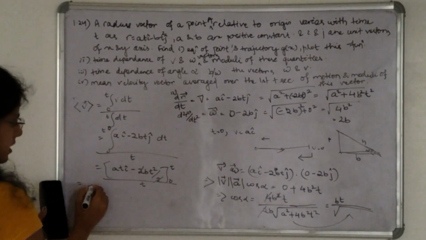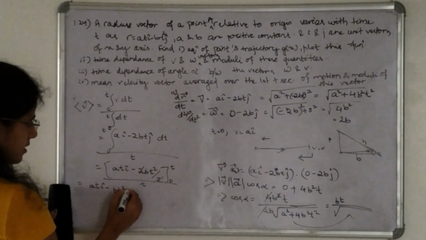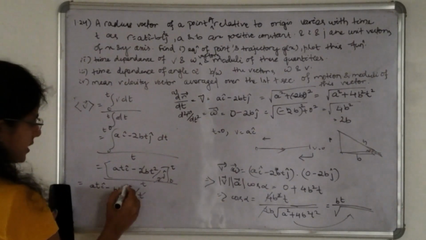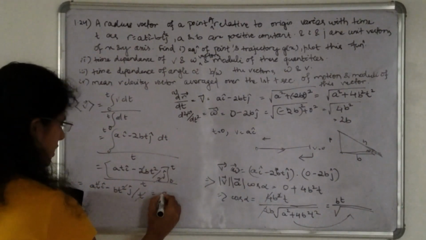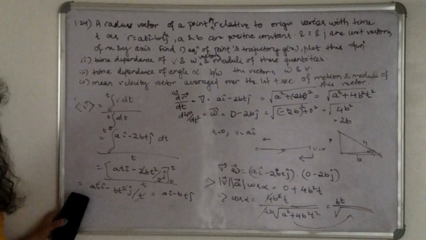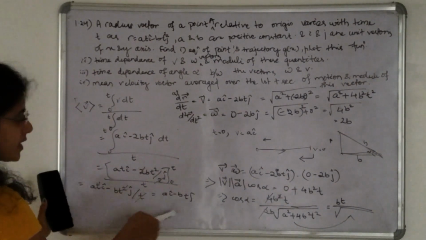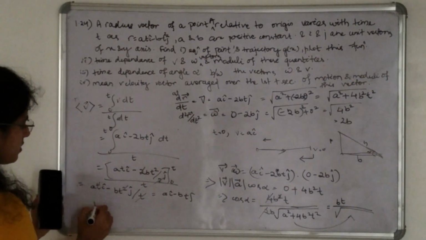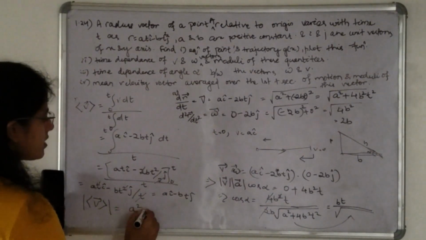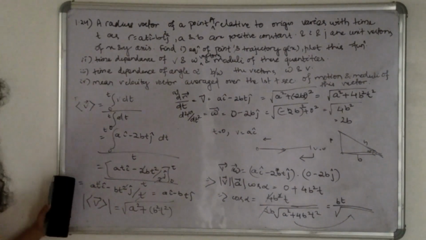So this will be a into t i cap minus b into t square j cap, divided by t, t cancels out, giving a i cap minus bt j cap. So the mean velocity vector is this much. Next we have to find the modulus of this vector, that is root over a square plus b square t square.